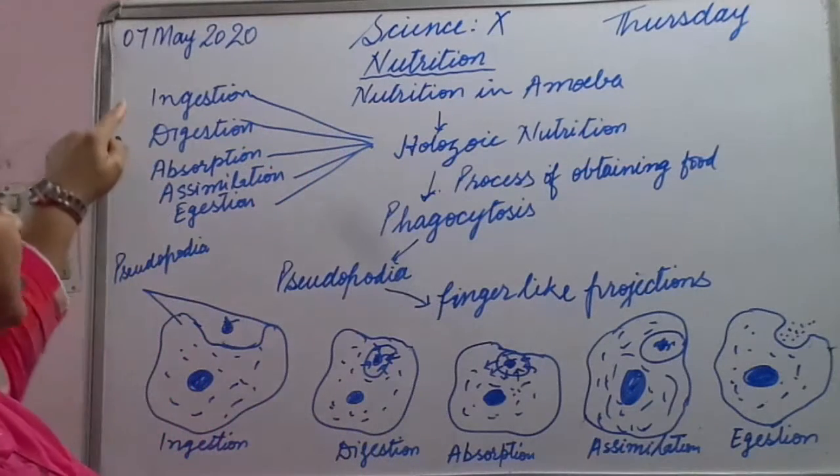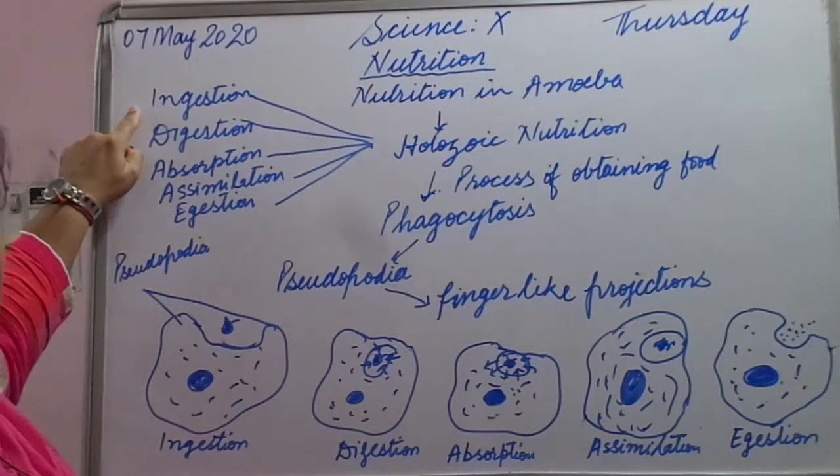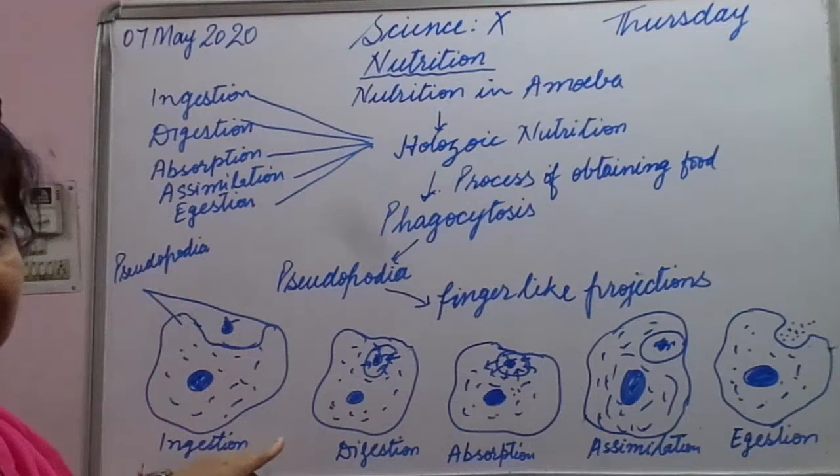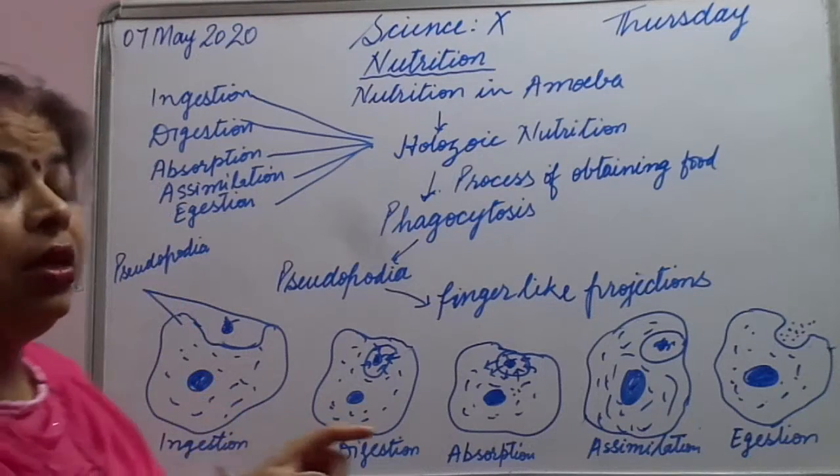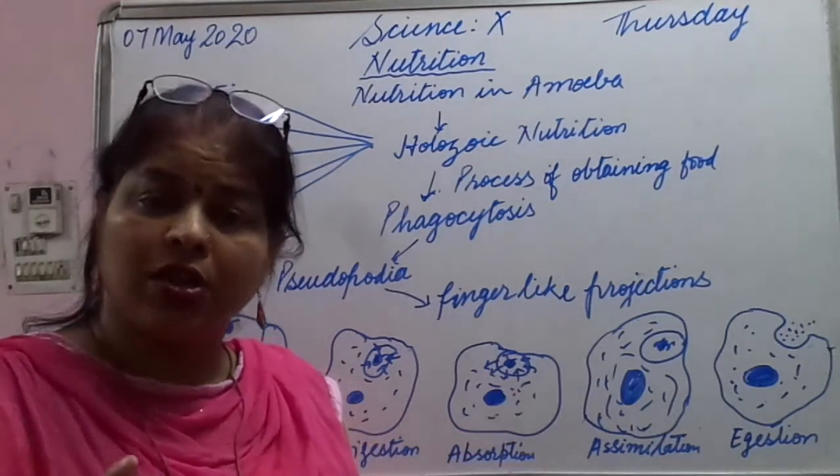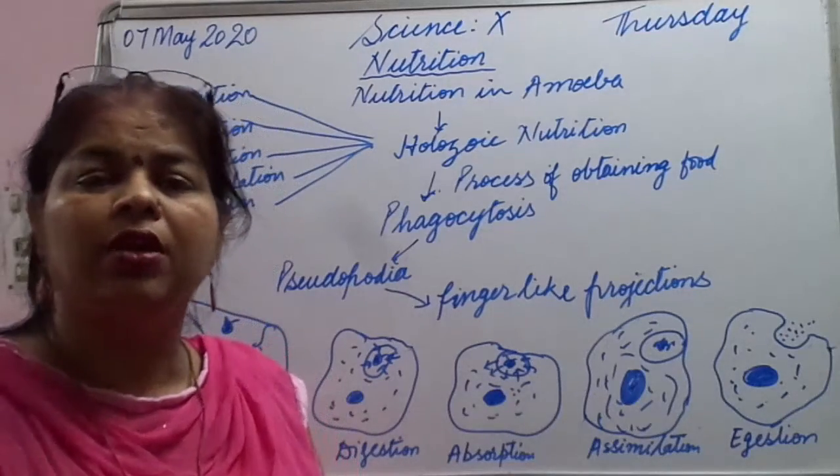What happens in ingestion? As you can see in the diagram, it is a single-celled organism and it is irregular in shape.